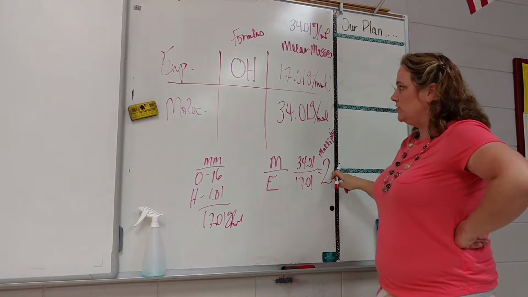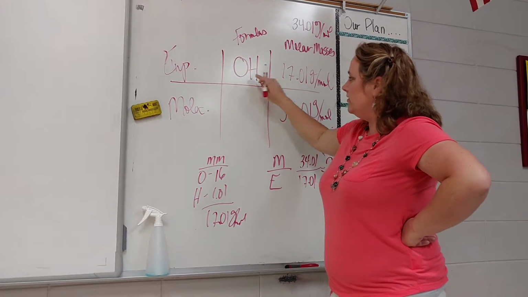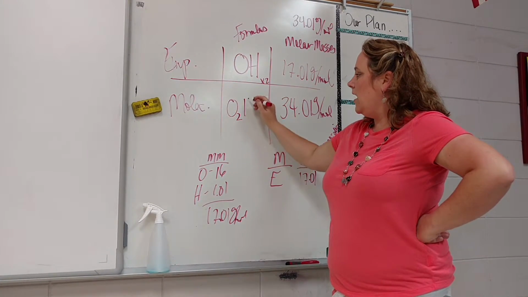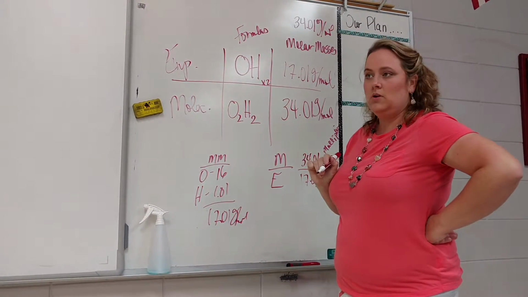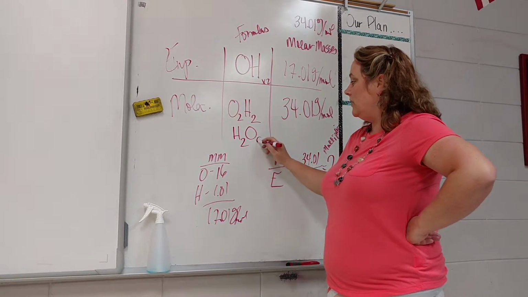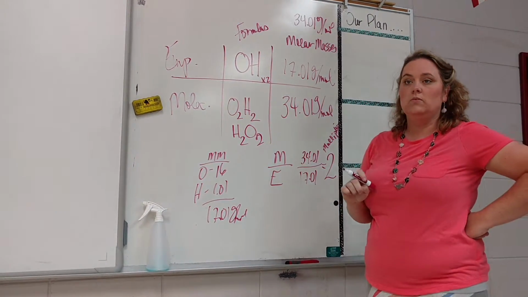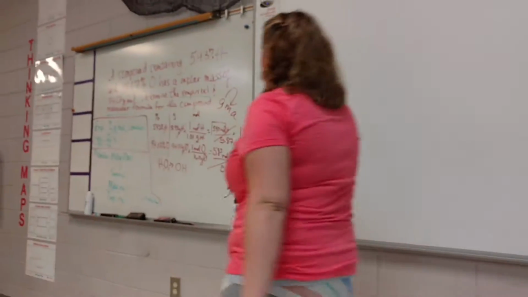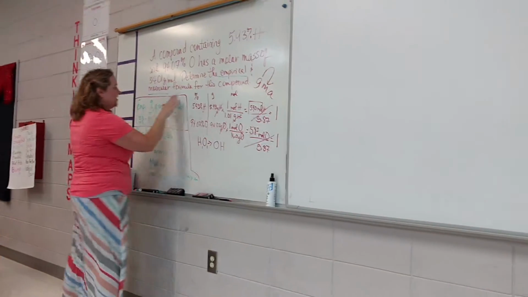It's going to give you a multiplier of 2. So we go up here and we multiply everything up here by 2. So we would have O2H2. Another way you could write that, because I see what it is now, is H2O2.